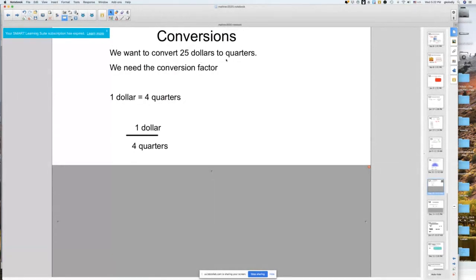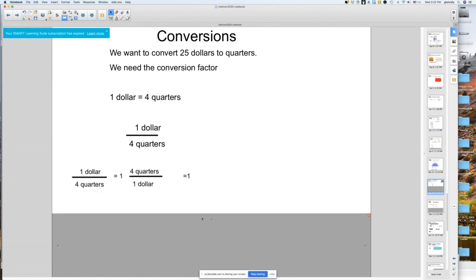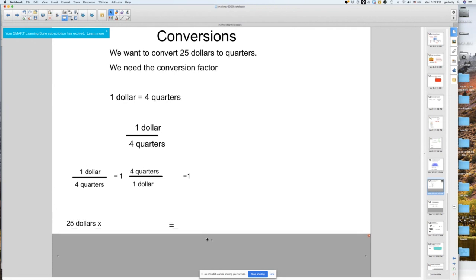We want to convert dollars to quarters. But keep in mind that these are all one. Numerator and denominator are the same, and any fraction which has the same numerator and denominator is 1.